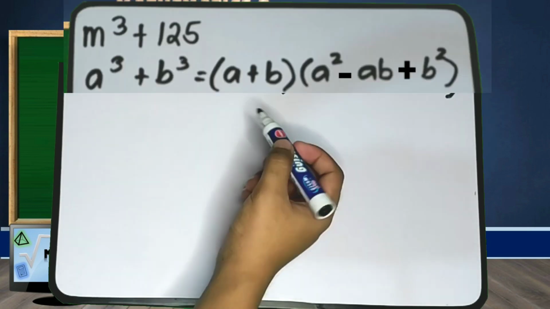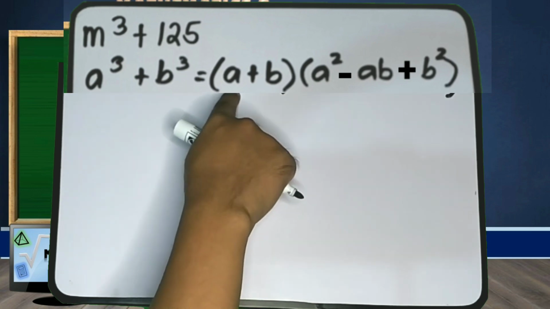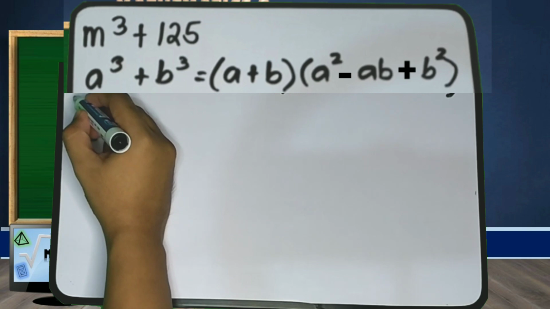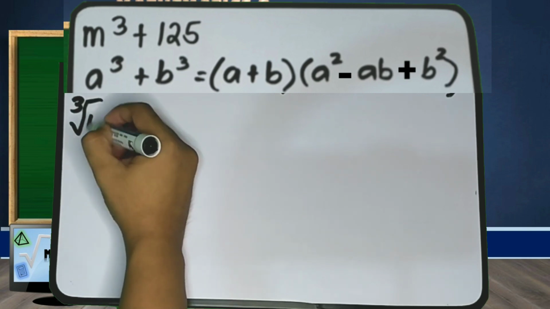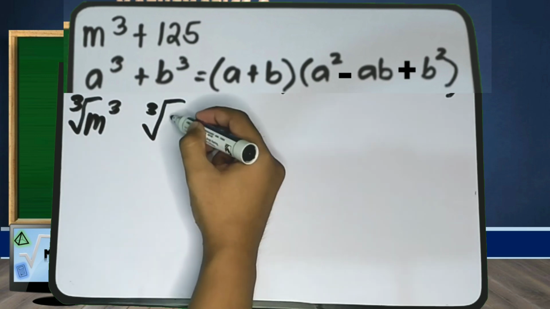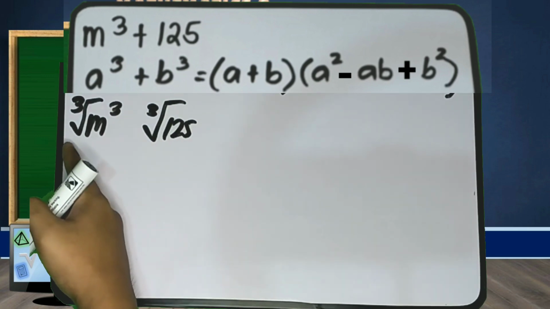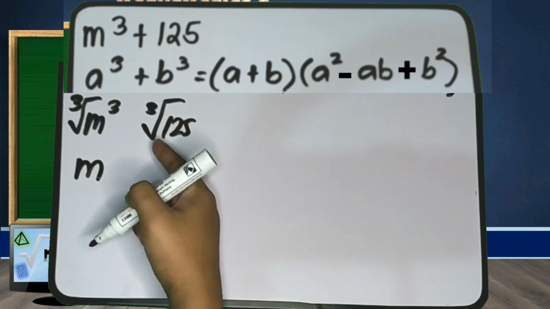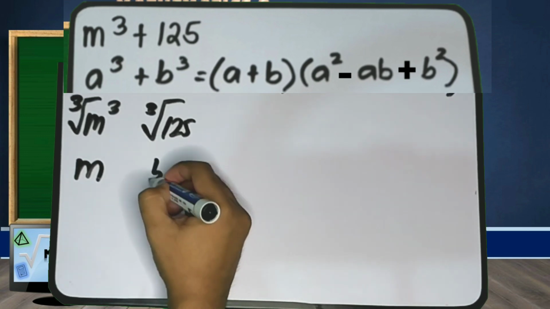So now, let's find the value of a and b. Let's get the cube root of m cube and the cube root of 125. The cube root of m cube is m, and the cube root of 125 is 5.